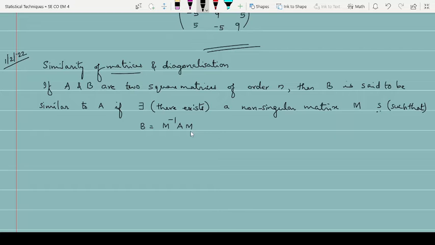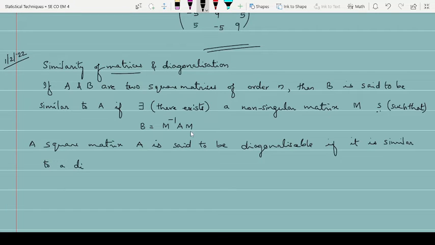then a square matrix A is said to be diagonalizable if it is similar to a diagonal matrix.